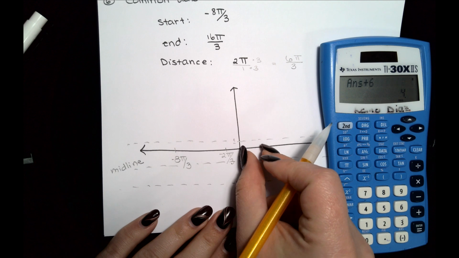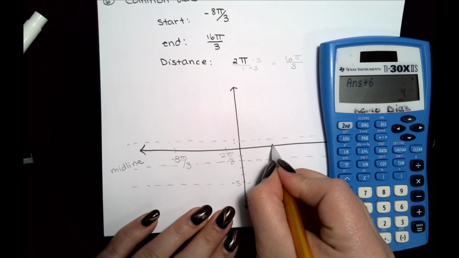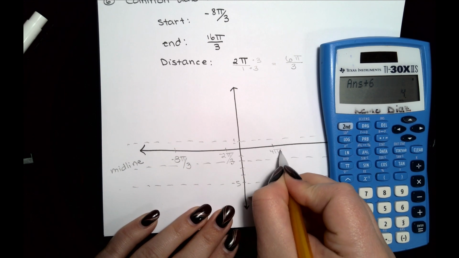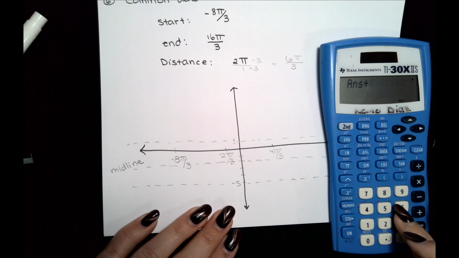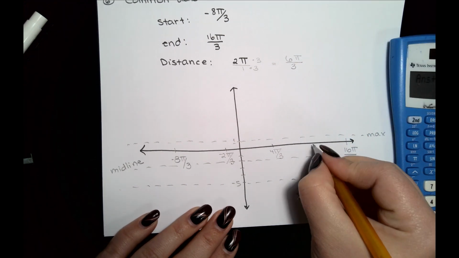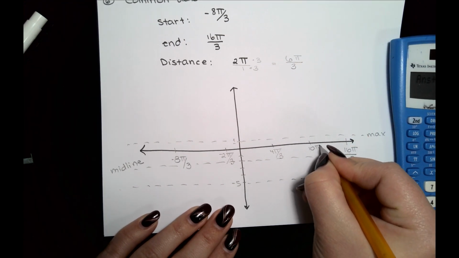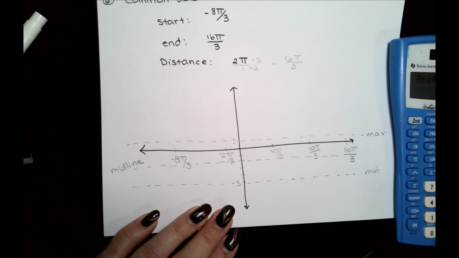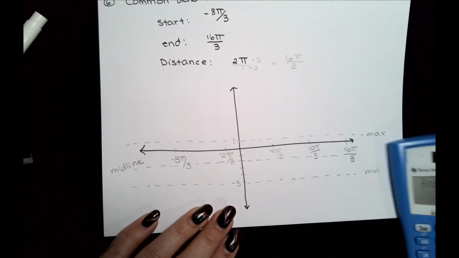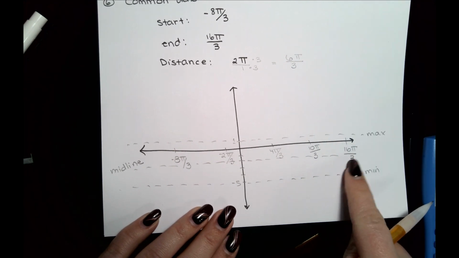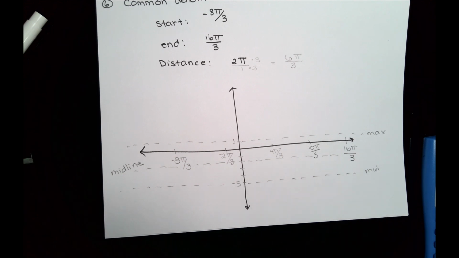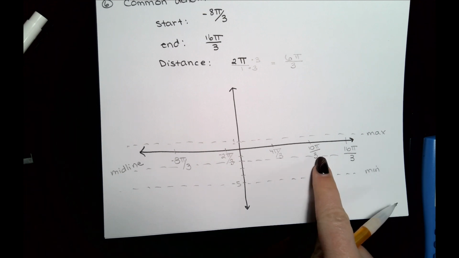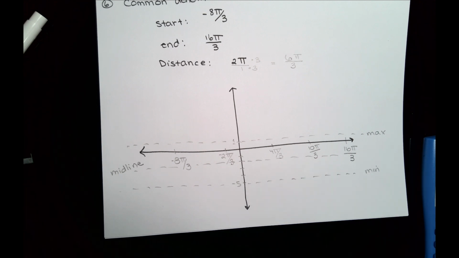If this is 2, 4 is about here. Adding another 6, I'm at 10. Adding another 6, I'm at 16, where I should be on my end. This always should create 5 points: the start, the end, the middle, and your 2/4, your middles of the middles, and your other middle of the middle, which I call it that way.